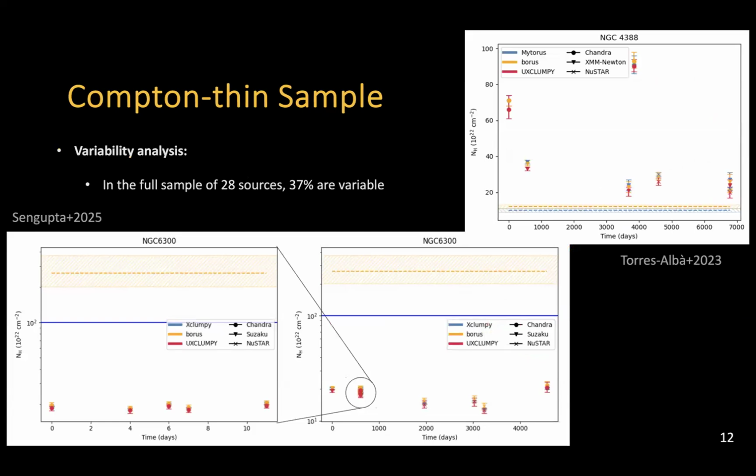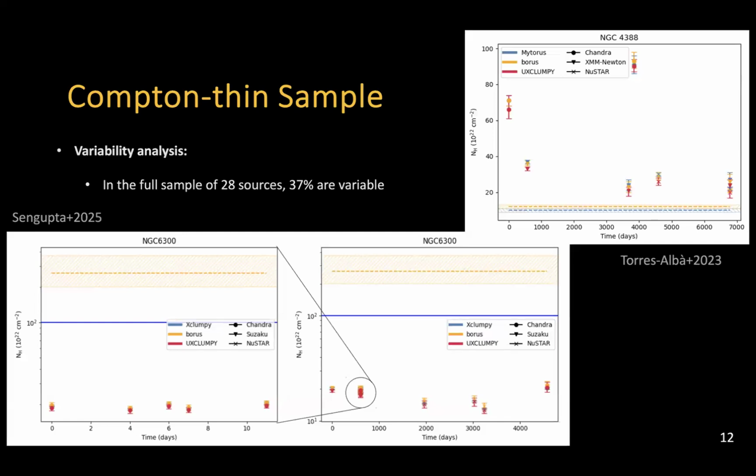And I think that the biggest thing we've found so far is that in this full sample of 28 sources that were selected because we thought they were going to be variable, only 28% of them we can claim confidently that they're obscuration variable. Now, this begs the same question I asked before. Why? If the torus is patchy, why aren't we finding more obscuration variability? Do we need to take a second look at the structure of this material to be able to explain this behavior?